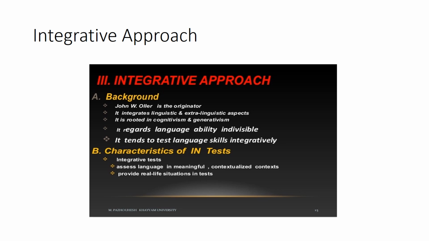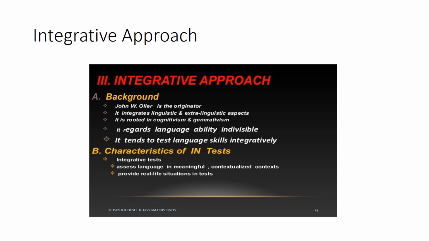We should not deal with it as something that consists of separate components and separate skills. No, these skills and components should be taught and learned together in order to produce a fluent learner, speaker, listener, reader and writer of the language.